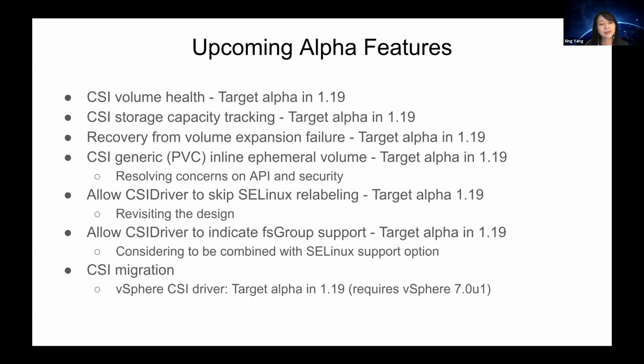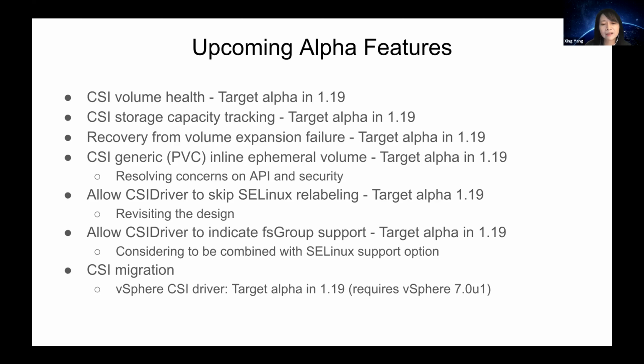So are they just waiting for the migration paths for each of those cloud providers to be implemented to remove the core code then? Yes, all of the cloud provider drivers need to have this migration path before the in-tree driver can be removed. All of them have already been either alpha or beta, and some are already beta.